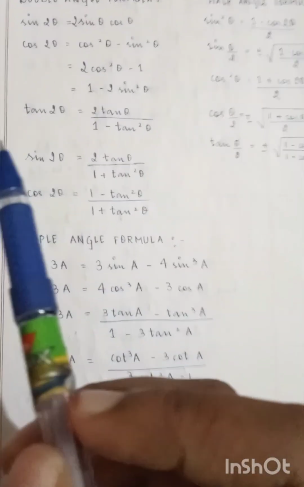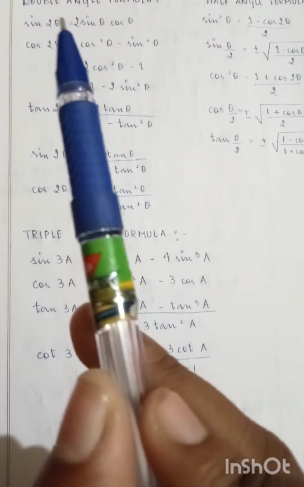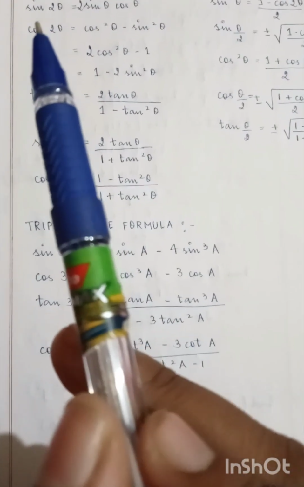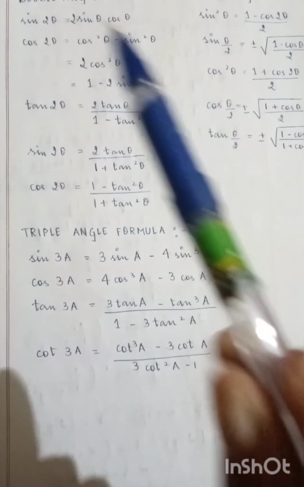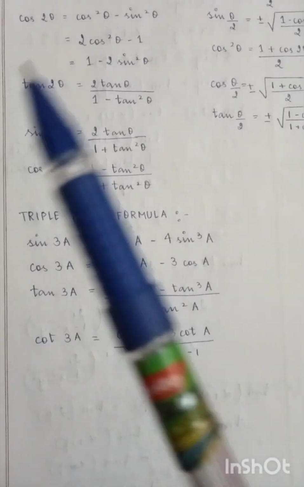Next, coming to the double angle and half angle formulas. First, it is easy to remember the double angle formula. Sin 2 theta is nothing but 2 sin theta cos theta.